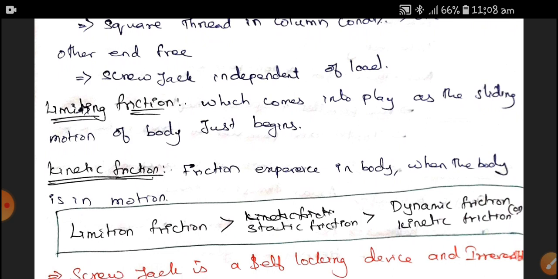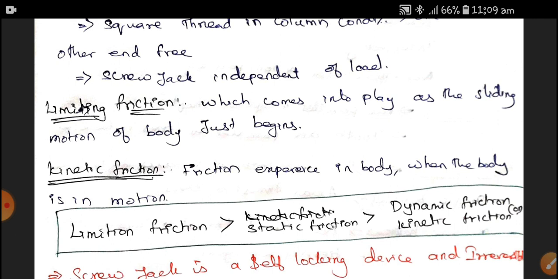We have three kinds of friction: static, kinetic, and limiting. Limiting friction is the maximum friction that is possible in a body. It comes into play when the sliding motion of a body is just about to begin. When the body is just about to slide, at that point in time we get the limiting friction.